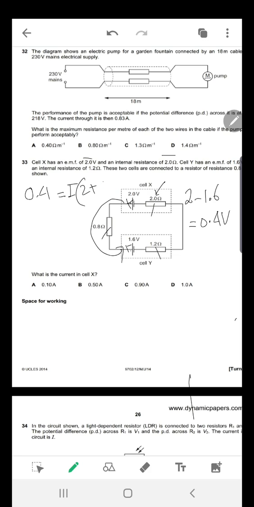So I equals 0.4 over 2 plus 0.8 plus 1.2, which is 0.4 over 4, equal to 0.10 amperes. So A is the correct answer.